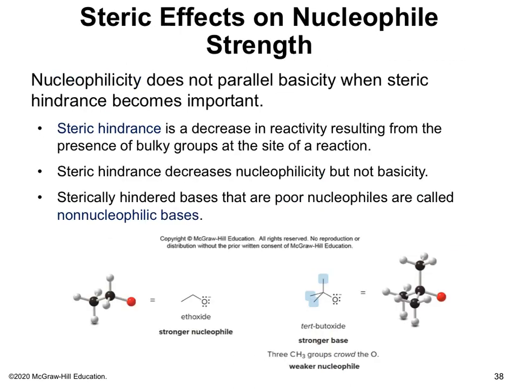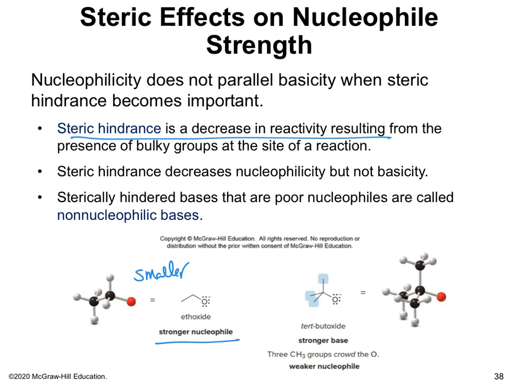Okay, so a stronger nucleophile is small. If they're smaller, that's going to make sense because you don't want steric hindrance.